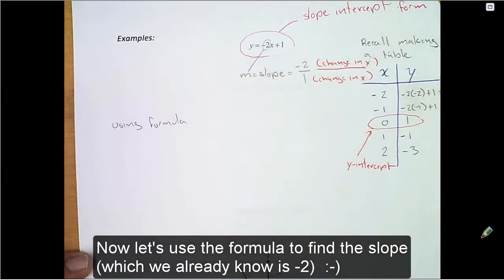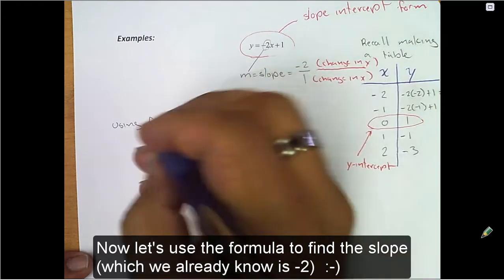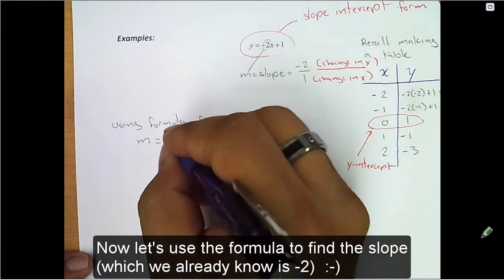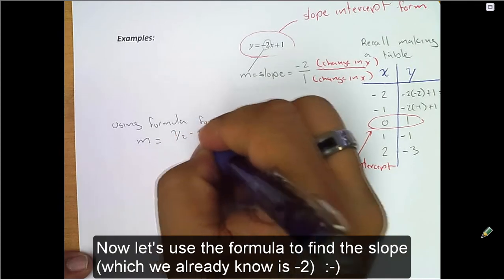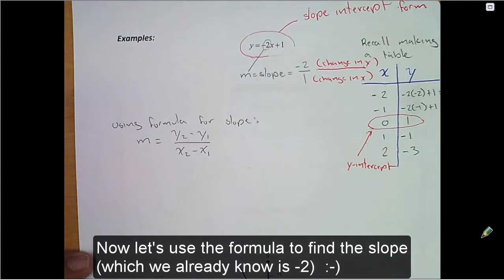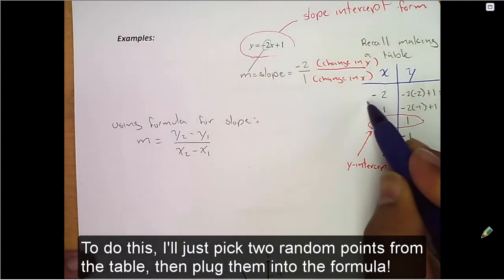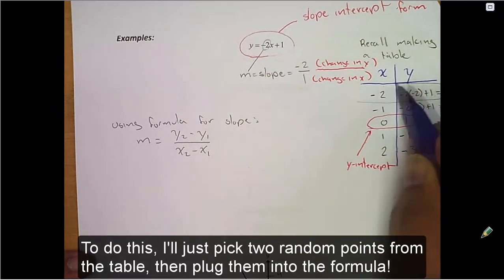Now let's use the formula to find the slope, which we already know is -2. To do this, I'll just pick two random points from the table, then plug them into the formula.